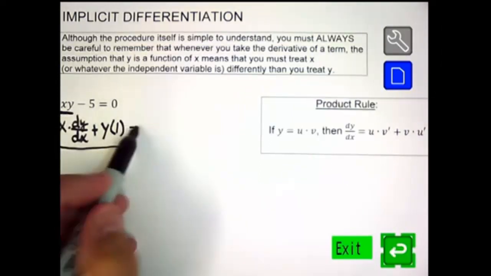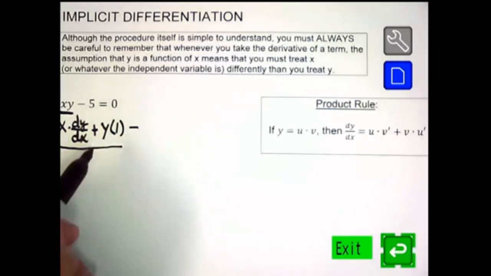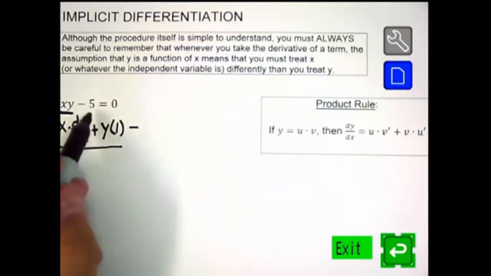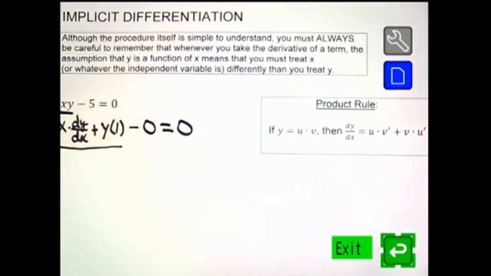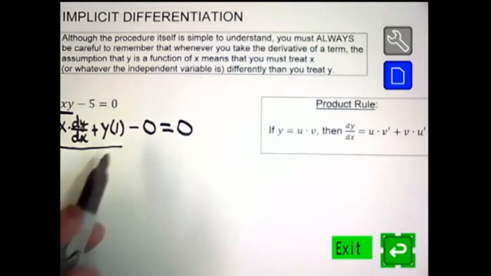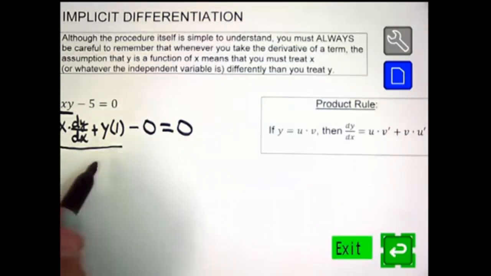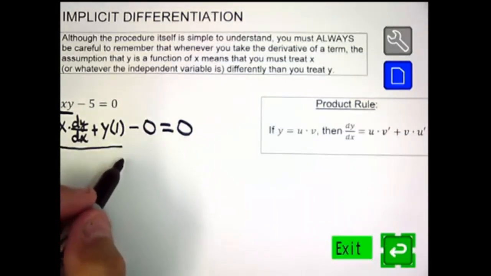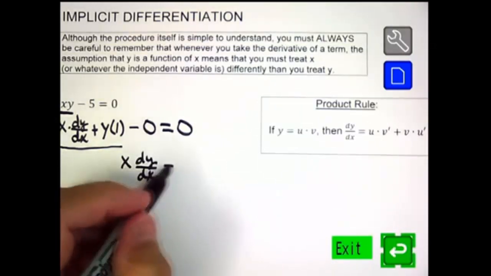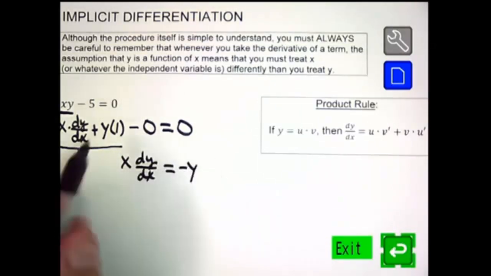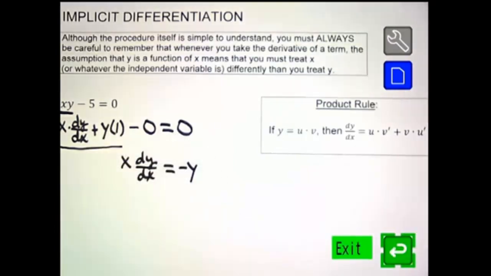Then you've got minus 5. Actually, you've got minus the derivative of 5 when you're writing the differential equation, and that would be 0. And of course, the derivative of 0 is 0. So if you're trying to solve this for dy over dx, those two terms are 0, so all you really have is x times dy over dx is equal to negative y, because that's y times 1, and if I move it to the other side it becomes negative y.